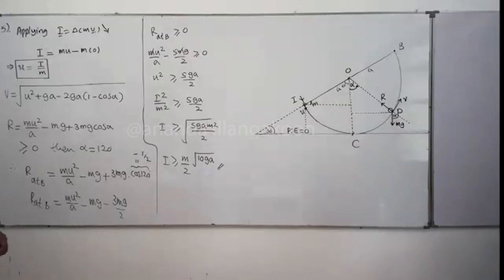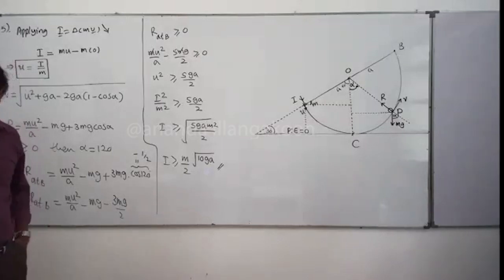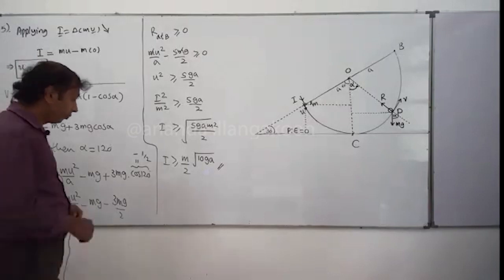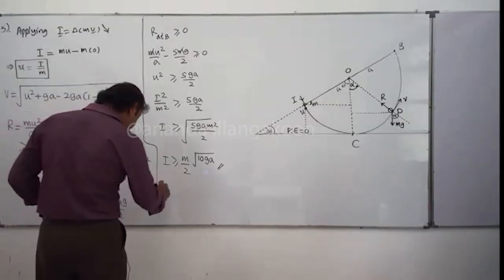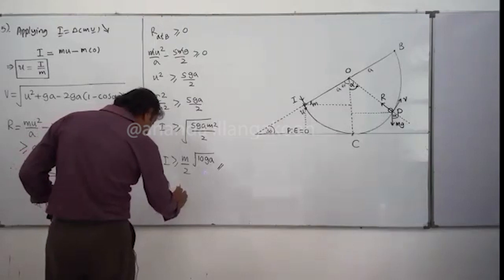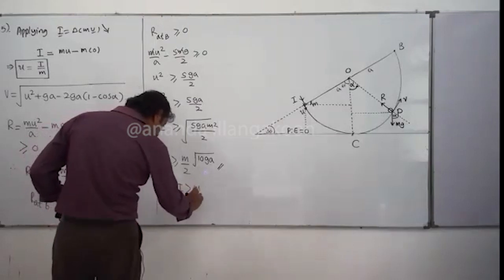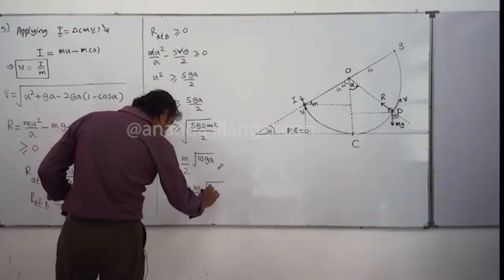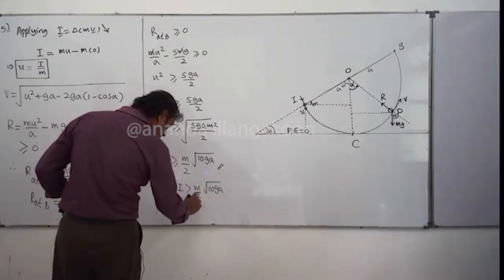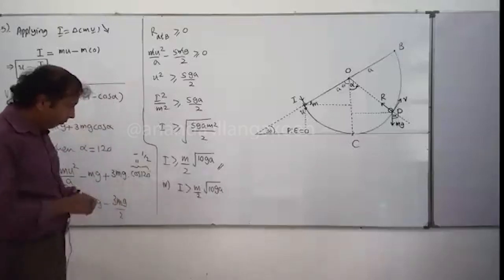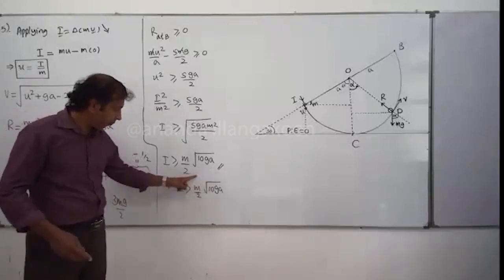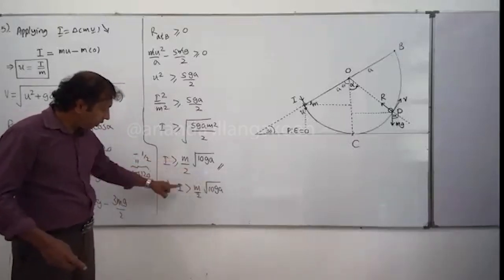Right. Now, the fourth condition. If I is greater than m by 2 root 10ga. Simple. In this condition, this greater sign is only used here.